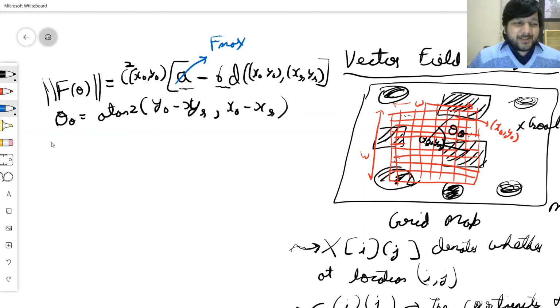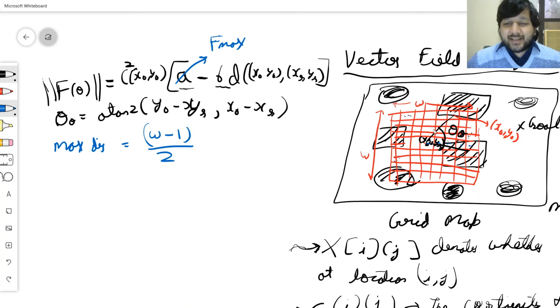So the maximum distance possible is, so this is W from left to right, so this is W by 2, and I've taken a window of W cross W. The distance will be from here 0, 1, 2, 3, 4. That means it will reach W minus 1 by 2. And then I need to measure the diagonal distance. So this is D max, into root 2.